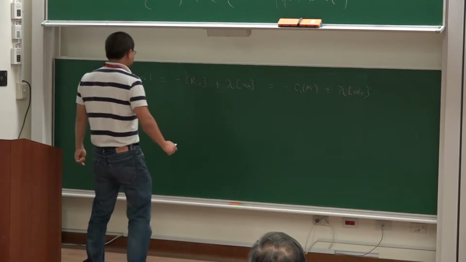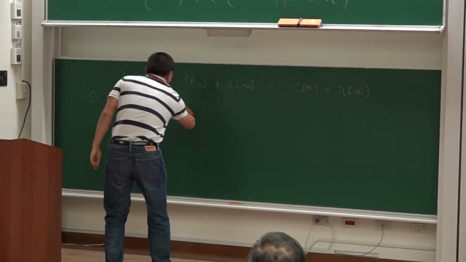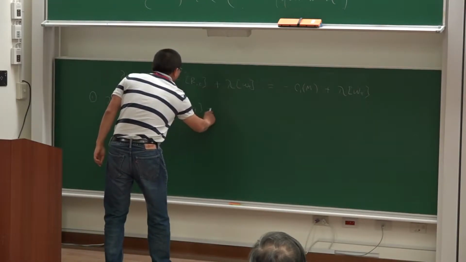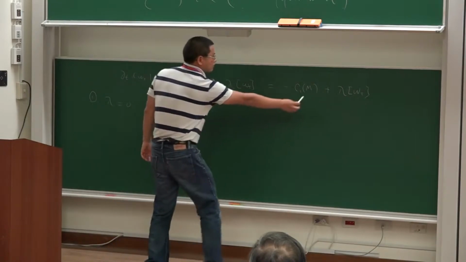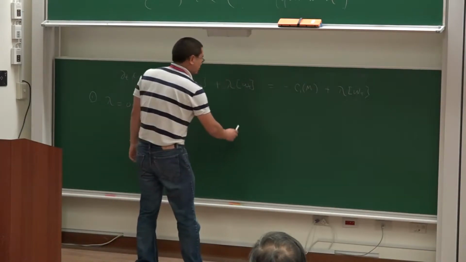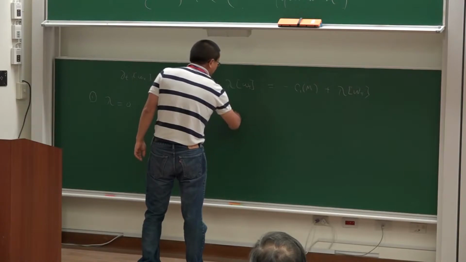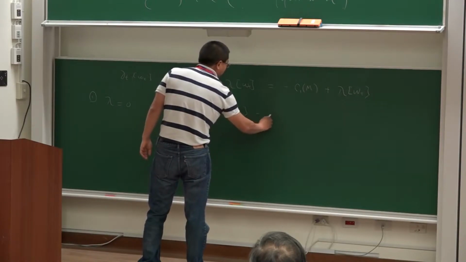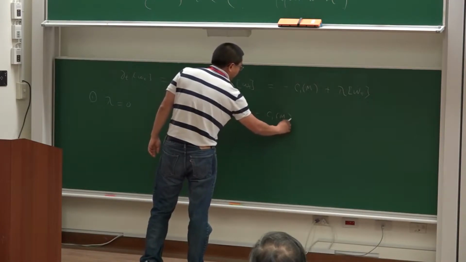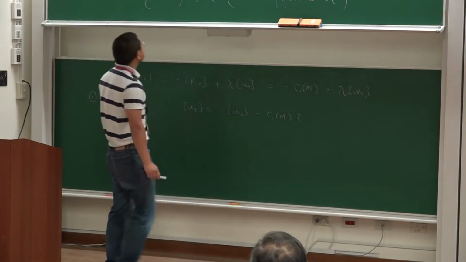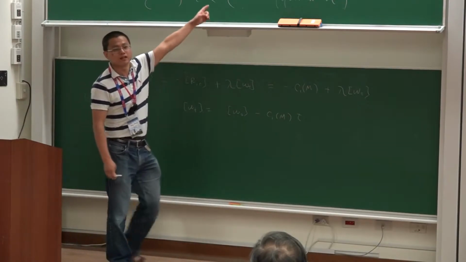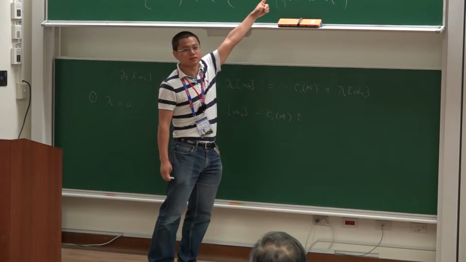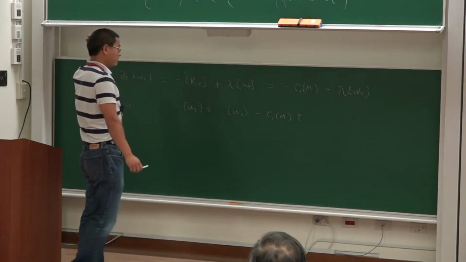You can see that this omega t in this case, if lambda equals 0, will be omega 0 minus c1(M) times t. And we assume the flow exists forever, from 0 to infinity.